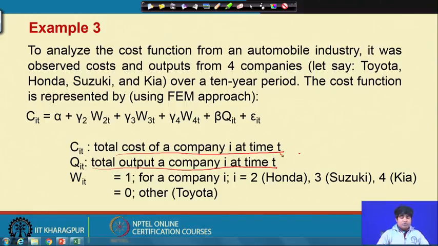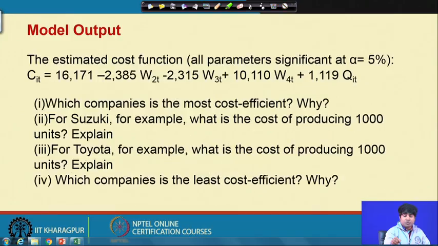By default, the first company is taken care of. We will see the structure and connect it with the discussion. The typical structure will be like this.